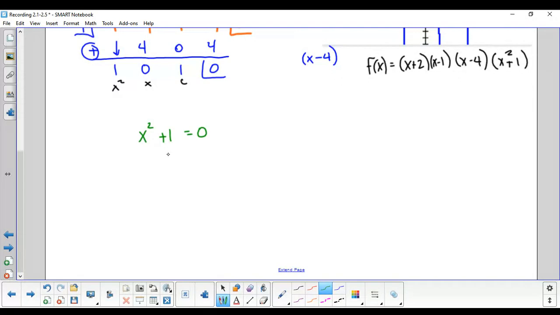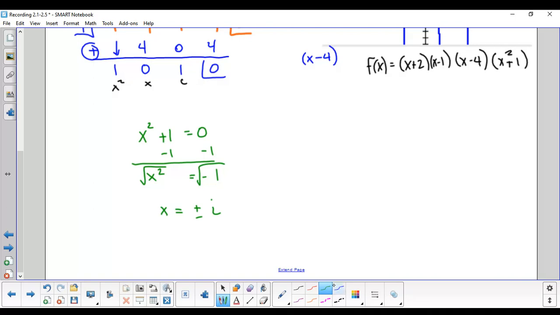However, this one does not have an x term, so I can just solve this like I normally would by balancing. So I have x squared equals -1, and then taking the square root of both sides, I get x equals plus or minus i. So remember, when I take the square root of -1, I get i out.